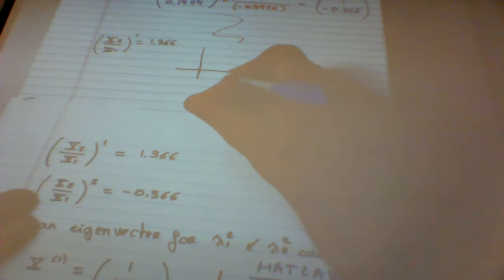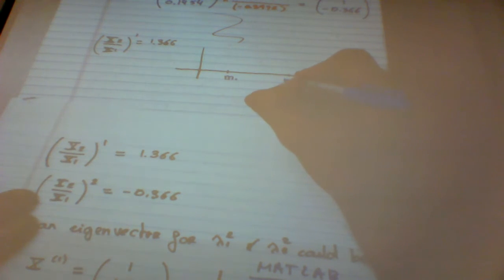Let's say this would be M1, this would be M2. So what we see over here is that when x1 is moving 1, how much will x2 be moving? 1.366. Okay? So it just shows they're moving in the same direction, but with different values.